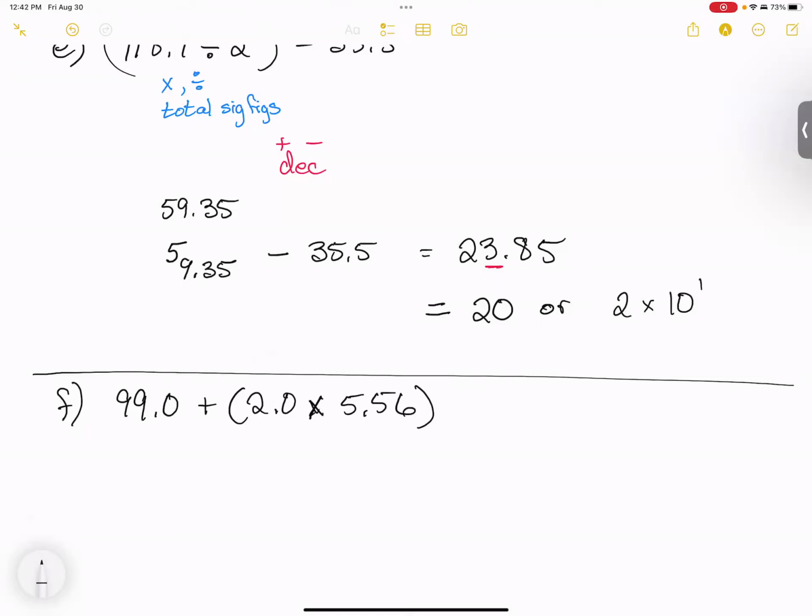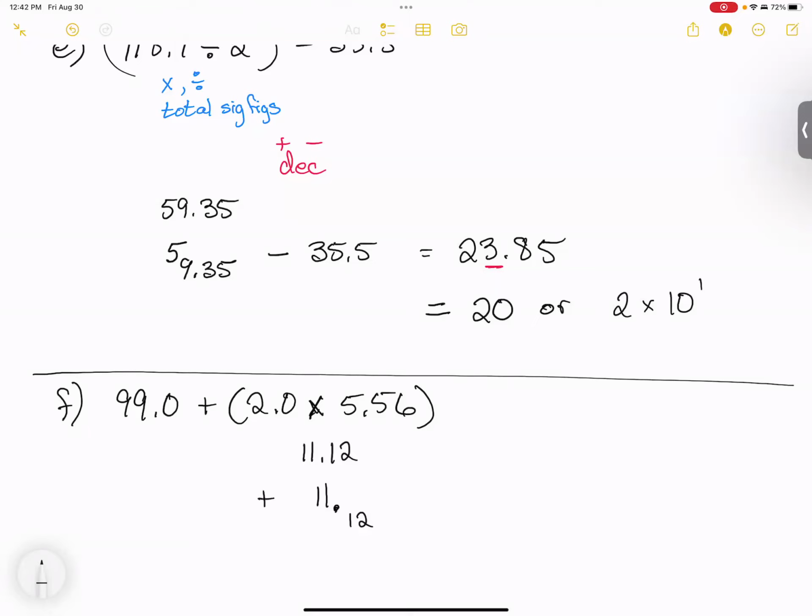So you're going to do what's in parentheses first. 2.0 times 5.56 is 11.12. How many significant digits am I allowed? 2. So I'm going to mark that as 11.12, just so I know I'm only allowed 2.